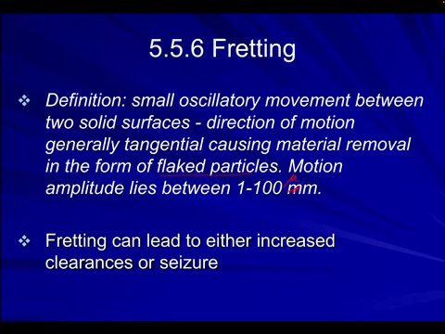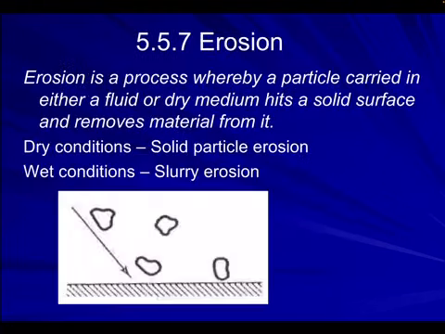It can be as low as nanometer amplitudes, or maybe even into the millimeters, but typically it's a very small amplitude. And fretting can lead to either increased clearances or seizure. So seizure being where it sort of welds to one another. And of course, with fretting, we also saw that corrosion plays a significant role.